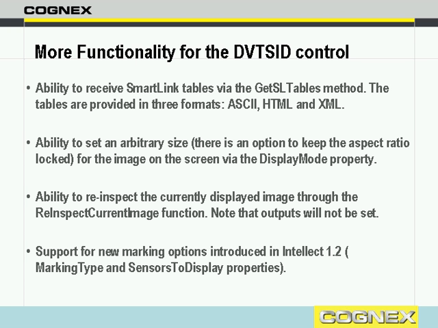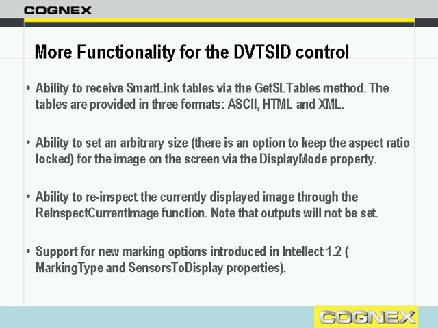If you make changes that pertain to how the image is acquired, you will need to actually trigger another acquisition. The re-inspect current image is for re-inspecting the image that was last acquired, or that is currently being displayed actually on the DVT SID control. So if you make changes to a sensor and you're displaying markings for those sensors, and you want to see what the impact was of those changes on that particular image, you can use this function, re-inspect current image.